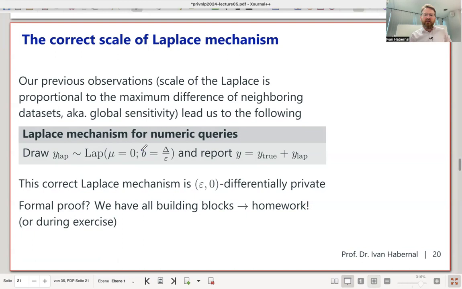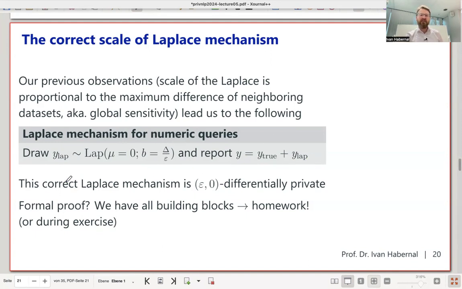So the scale is not 1 over epsilon, it's going to be the global sensitivity over epsilon, right? And it makes sense, because the more one person can influence the output of the query, the wider you have to make this Laplace distribution. And the tighter you want the privacy, the same, or rather inversely proportional. So now you draw from this Laplace distribution, the scale is correct, and you report the value as before.